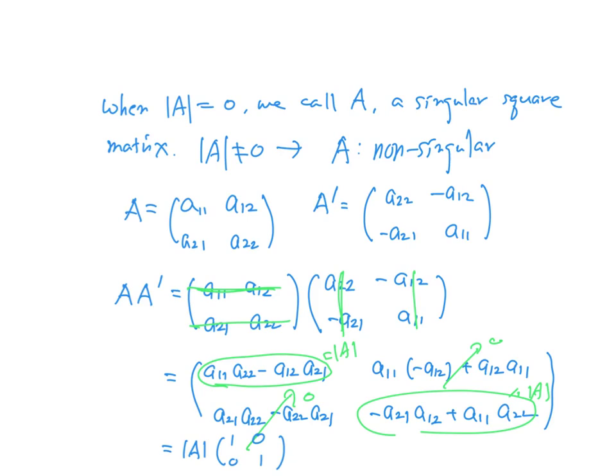This time you're going to interchange the order. A prime is A22, minus A12, minus A21, A11, and A is A11, A12, A21, A22.